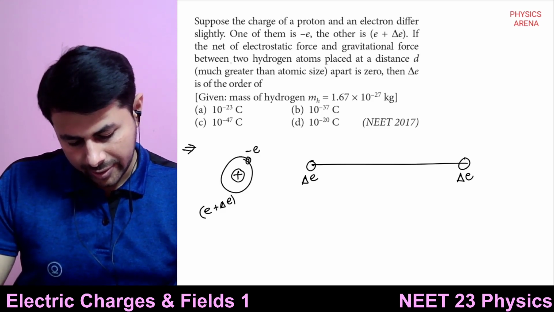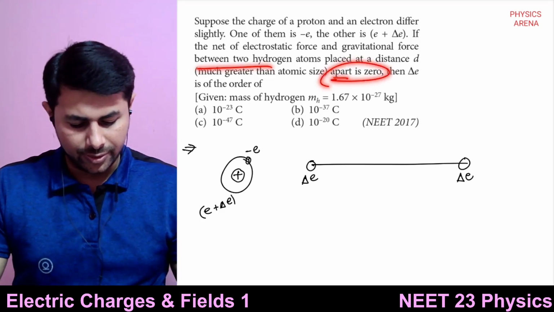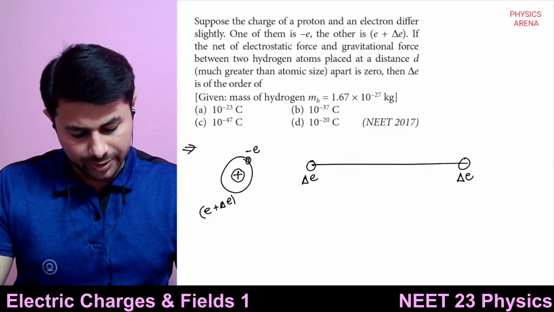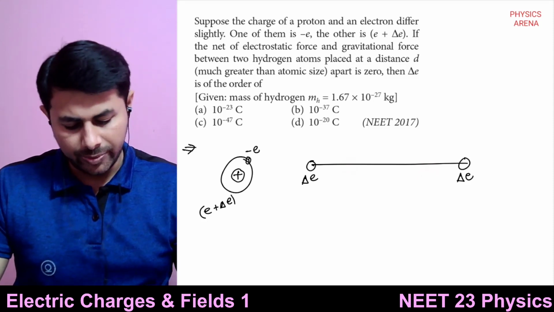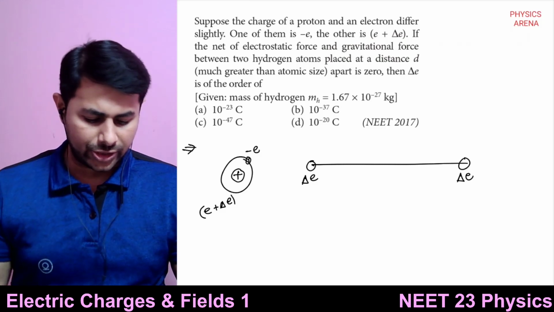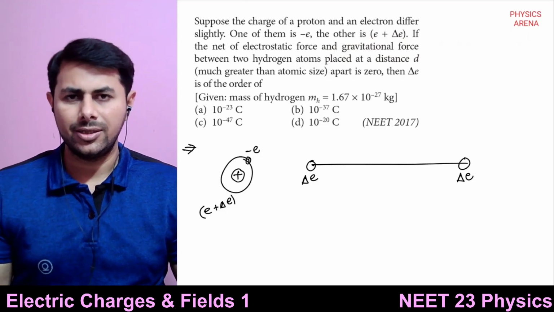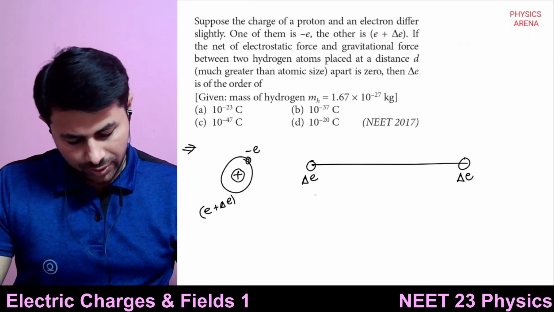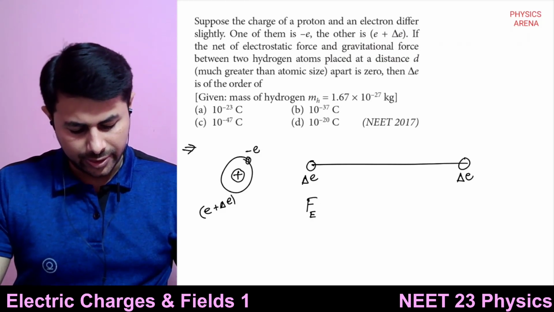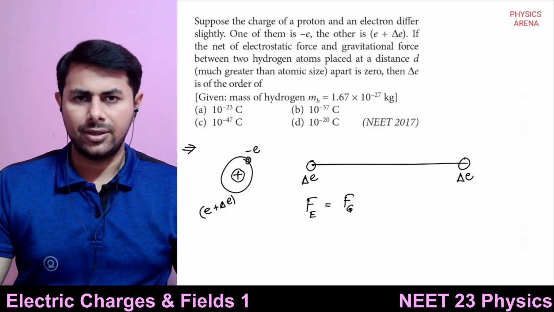Then what happens is the force between them is zero. So there will be some repulsive electrostatic force, and there will be some gravitational force, which is attractive. Okay, so the electrostatic force is repulsive, the gravitational force is attractive. If they cancel out each other, then the net force will be zero. Right. So how much is the electrostatic force? We'll say the electrostatic force is F suffix E, the gravitational force is F suffix G in magnitude.